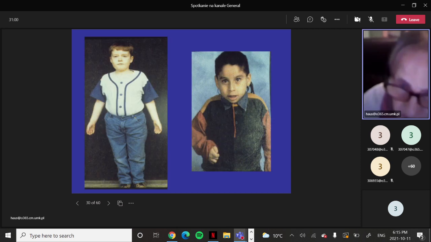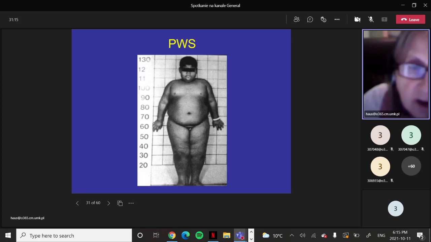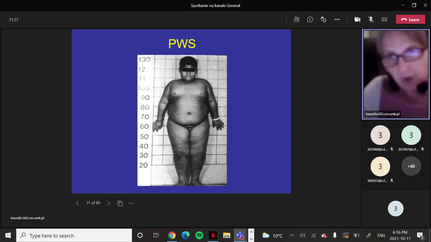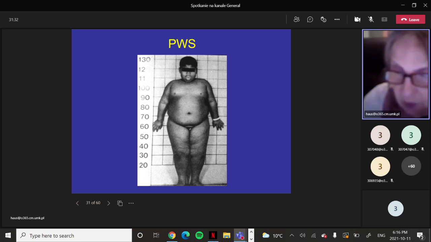And the difference between these children, on the left, Prader-Willi syndrome, on the right, Angelman syndrome. And next photo, Prader-Willi syndrome, with huge obesity, hypogonadism, and so on. Okay? And on the next our lecture, I will continue about Prader-Willi syndrome and Angelman syndrome.